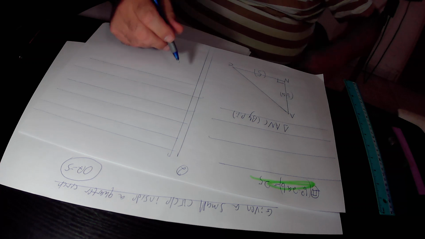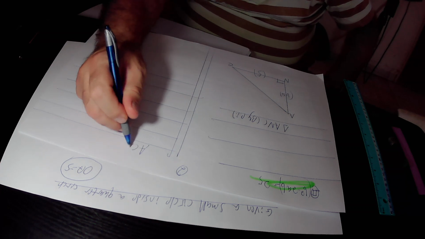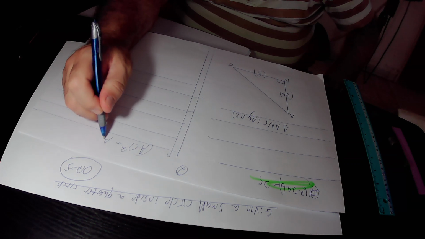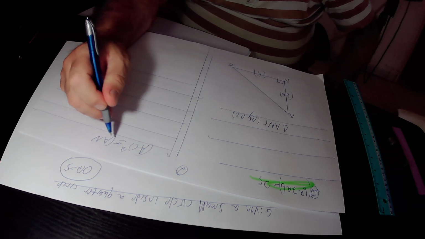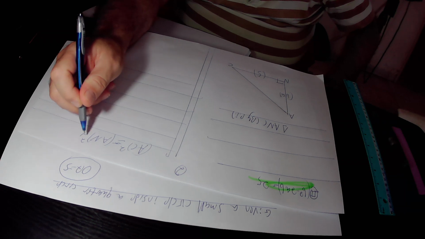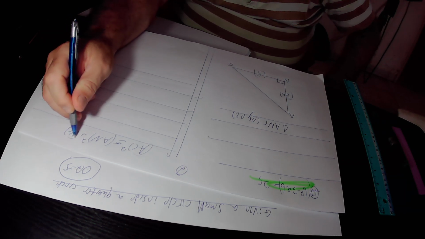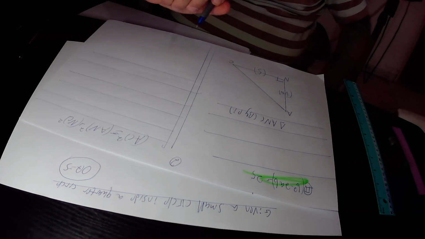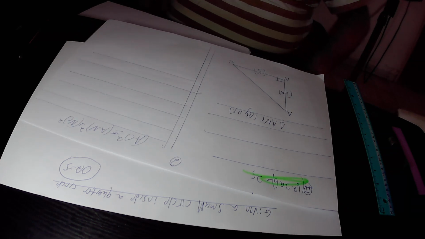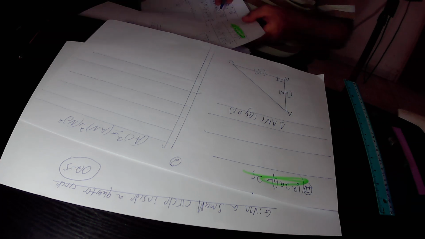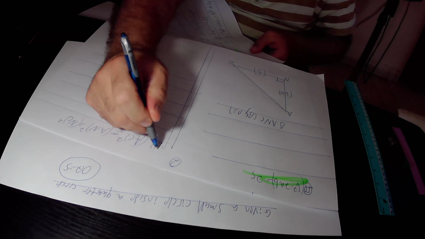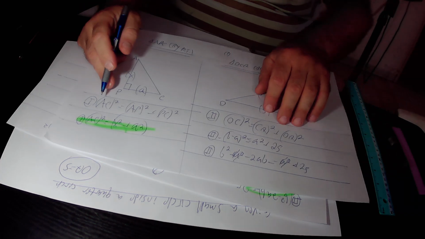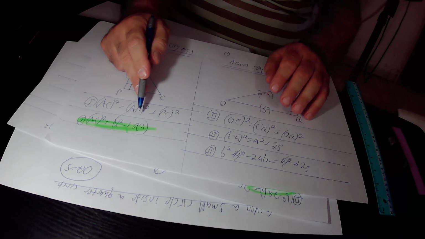AC squared, that is the square of the hypotenuse, is equal to AN squared plus NC squared. According to equation 1, we have already found out that AC squared equals X squared plus A squared.